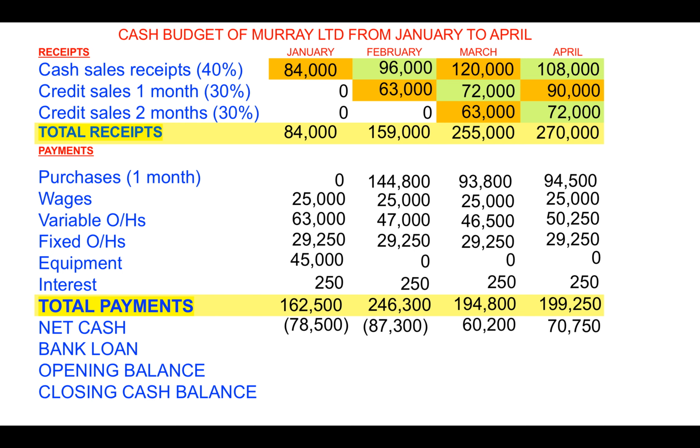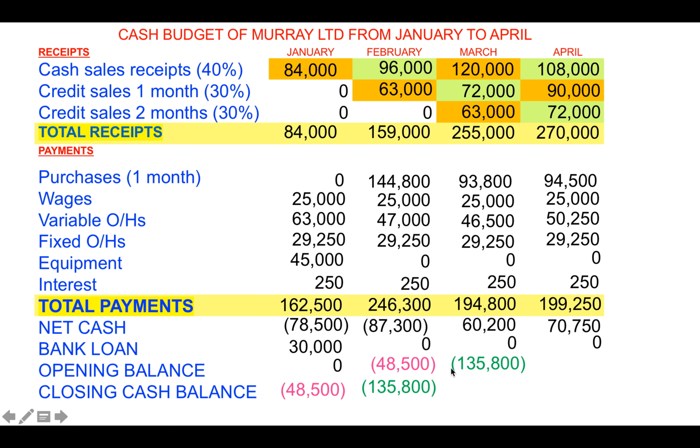70,750. Now we got the bank loan in January, €30,000, no other loan for the other months. Then the opening balance in January was 0, so closing cash balance minus 48,500. So the closing cash balance minus 48,500 is the opening cash balance of the next month. So minus 87,300 minus 48,500 is equal to minus 135,800.